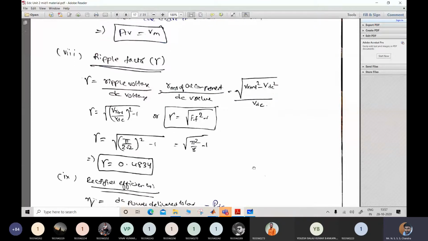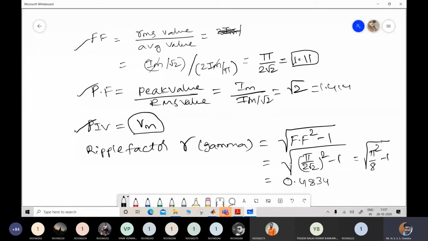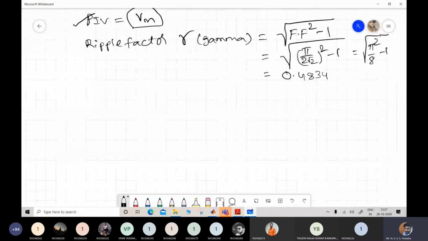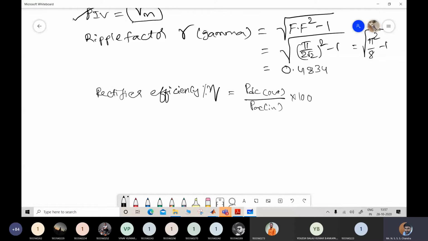Rectifier efficiency eta. If you write percentage eta, then it will be PDC at the output terminals divided by PAC at the input terminals into 100.